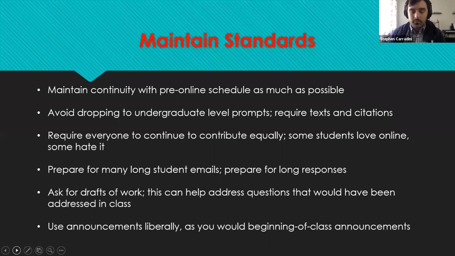And so my graduate students get used to the rhythm of seeing me do an announcement once a week, at least. But on the first day of the week is when I do those. And so that keeps the graduate students connected, beyond doing things like responding to discussion posts and things like that. So those are all ways that you can maintain standards of what you previously did, while modifying them to connect with the online situation. Next slide.